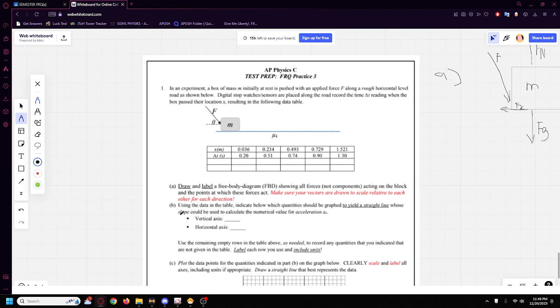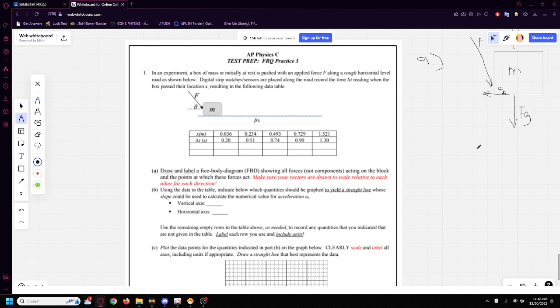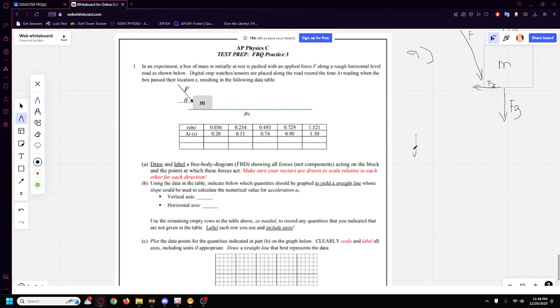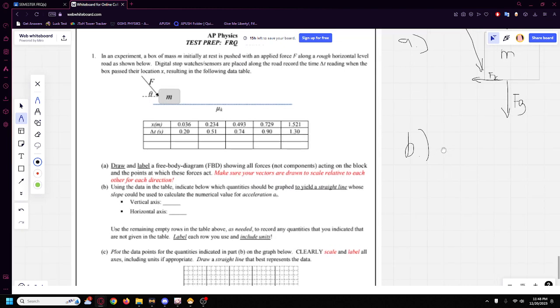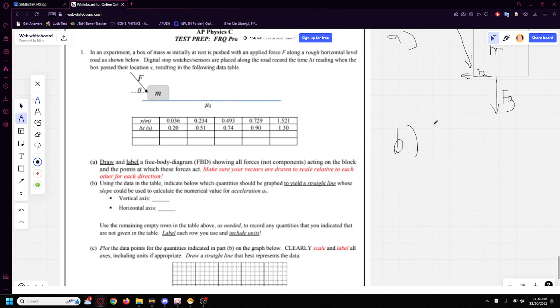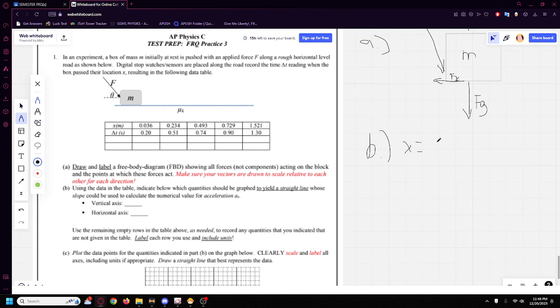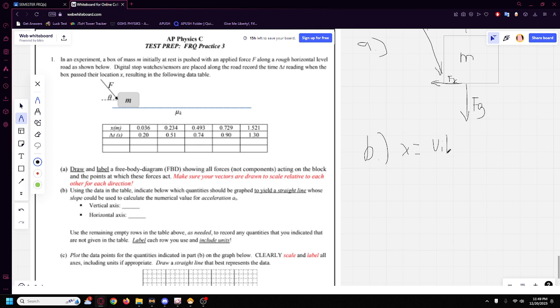Part B asks to refer to the data in the table. So for A, we know that x is equal to VIT plus 1/2 AT squared.